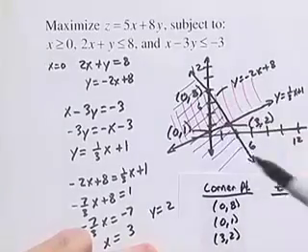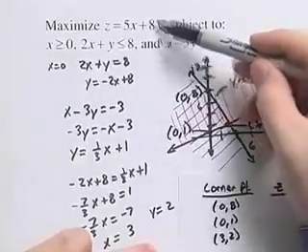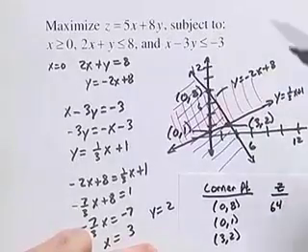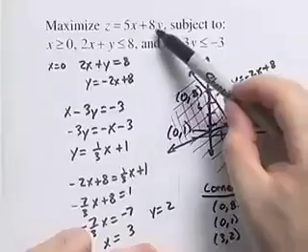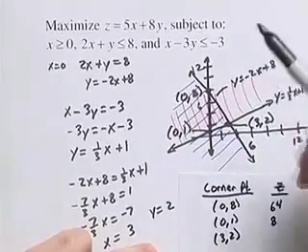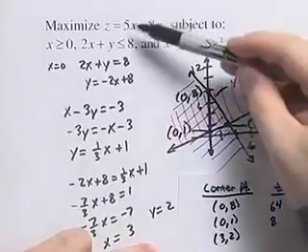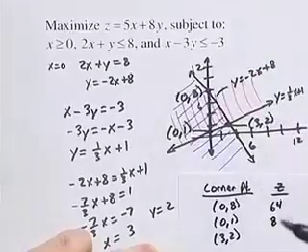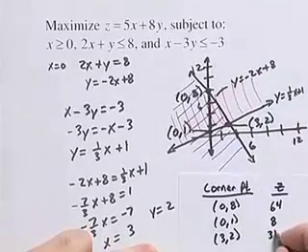Put in 0, 8 into our objective function, we'll have 5 times 0 plus 8 times 8. That gives us a value of 64. Put in 0, 1, 5 times 0 plus 8 times 1 gives us a value of 8. 3, 2. We get 5 times 3 is 15 plus 8 times 2. So we get 15 plus 16, which is 31.